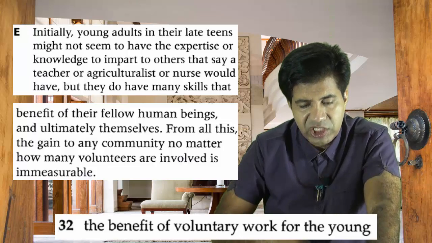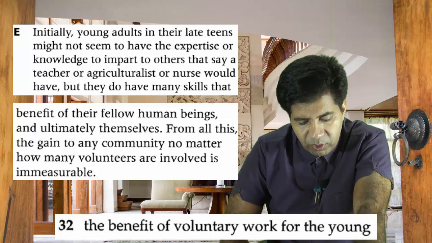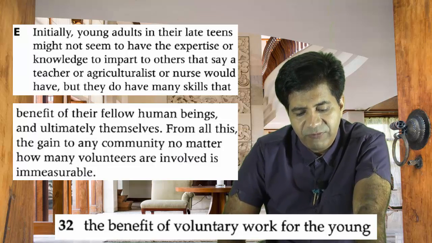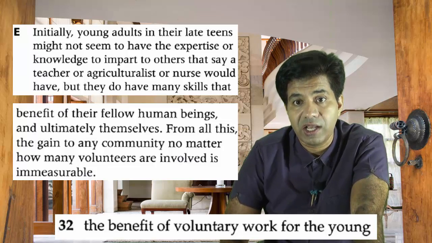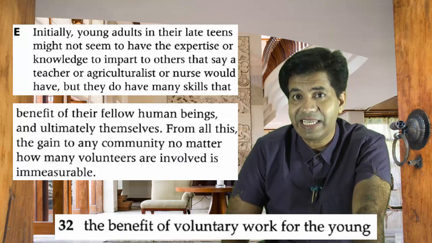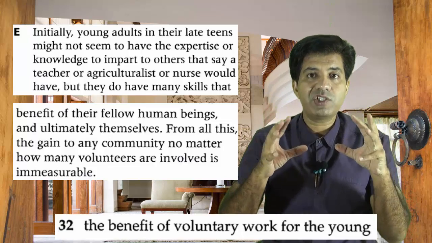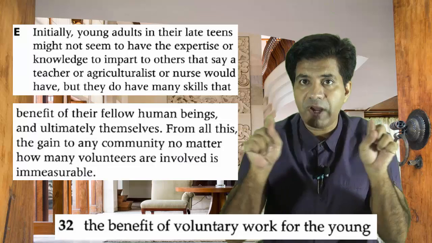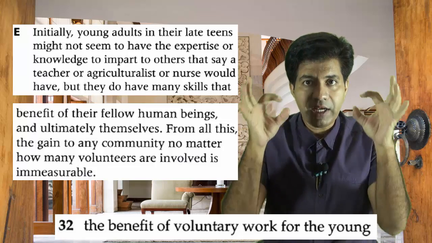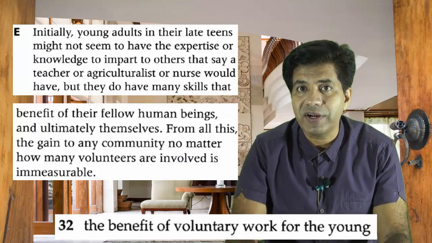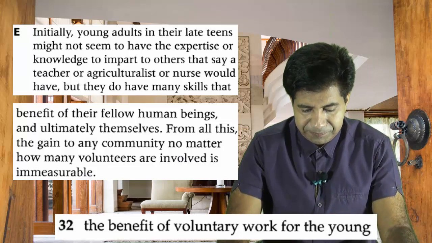Then they mention the further benefits of that. So for question 32, the answer is E. In this question type, the trick is to find the right clue word, then scan for those clue words, and you will find the answer.